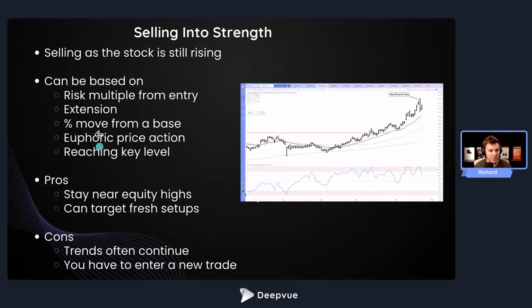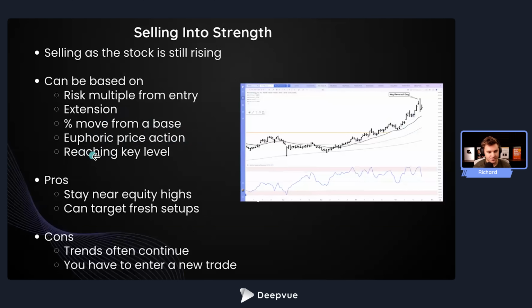It can also be based on an extension from a moving average, such as the 10-day moving average, the 20-day, the 50-day, even the 200-day moving average. That can all be reasons to sell into strength. It can be based on a percentage move from a base, just noticing euphoric price action, such as many gaps in a row, an acceleration in the trend of an uptrend.